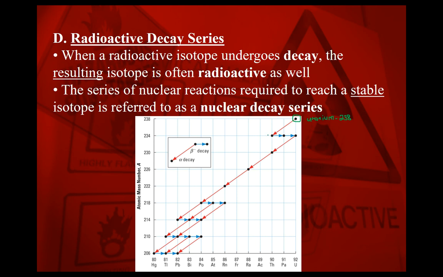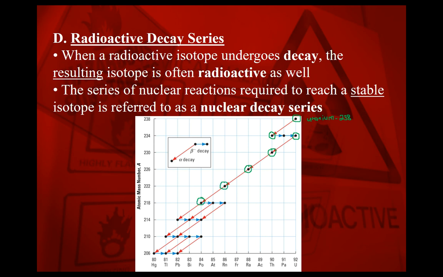It'll eventually undergo alpha decay to give you, I think that's thorium-234. Thorium-234 would then undergo two beta decays to give you uranium, this time uranium-234. Then the uranium-234 undergoes alpha decay to give you thorium-230. It undergoes alpha decay again, and alpha decay again.